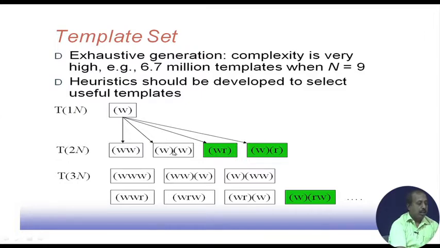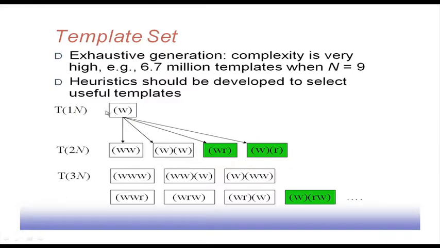I can add another element which is a write, or in the same element I can put a read operation, or I can put a read as a separate March element. So these are the two different ways by which I can extend this sequence having 1n complexity to a sequence having 2n complexity. Then from this again I can do extensions, and again I can get a number of such alternatives.